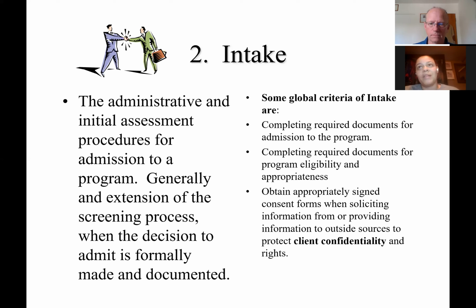They cannot go to any other providers. That's perfect, because it prevents fragmentation of services. We want integration. We don't want people saying, I get my meds from these people, my mental health from these people, my substance use from here. We want that integrated model of care, where everybody is in the same place.